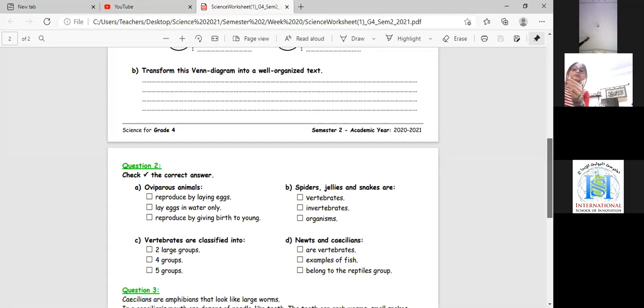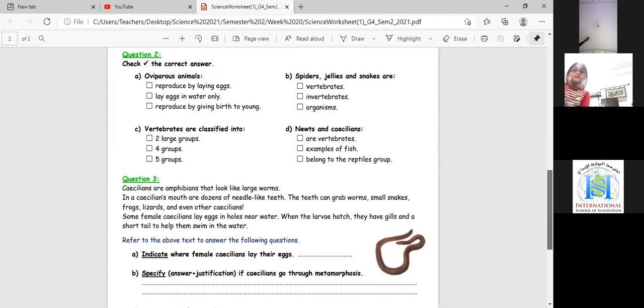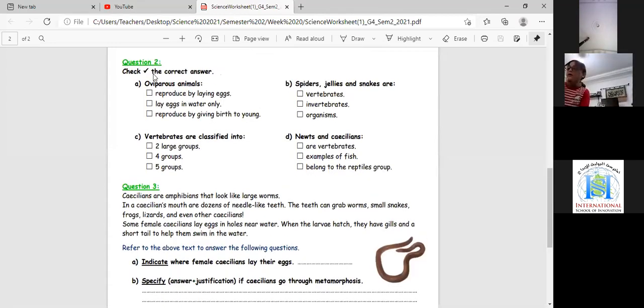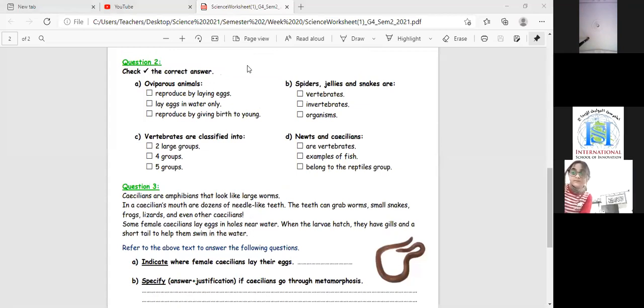Yalla Karim Bitar. Question number 2. Let's check the correct answer. Oviparous animals reproduce by laying eggs, lay eggs in water only, or reproduce by giving birth to young? Which one is the correct answer?